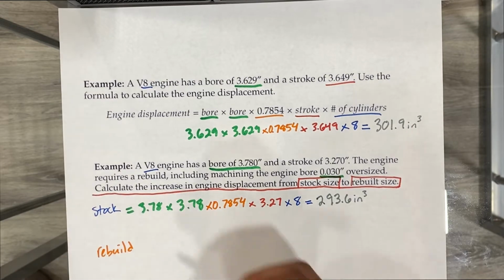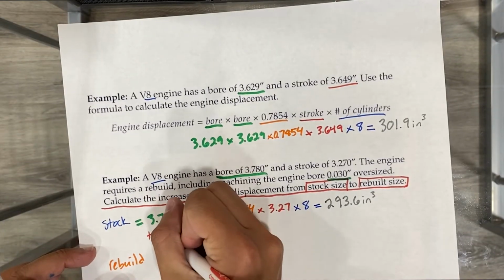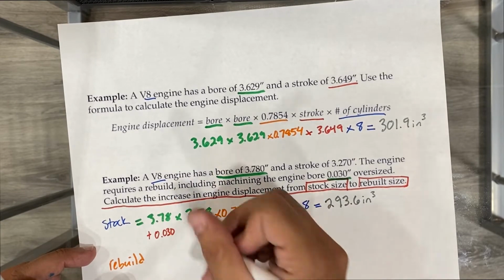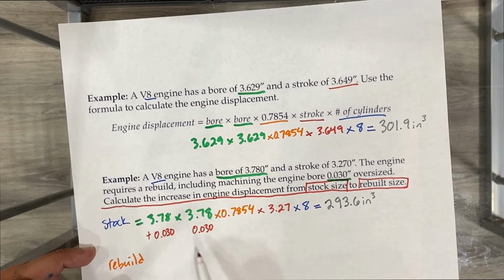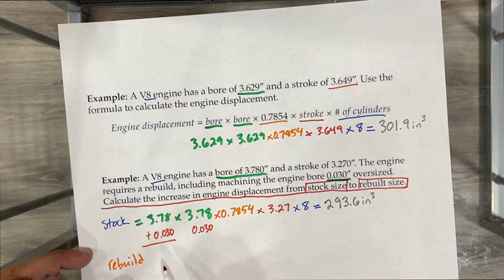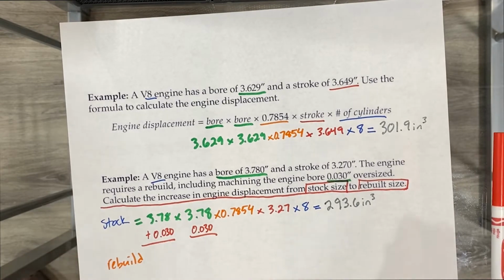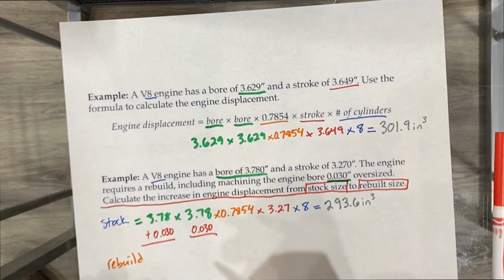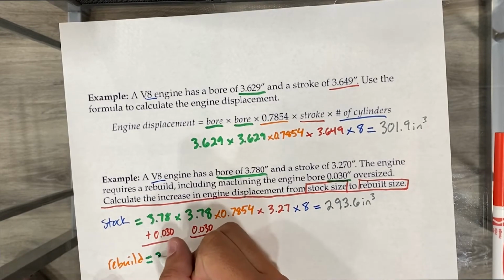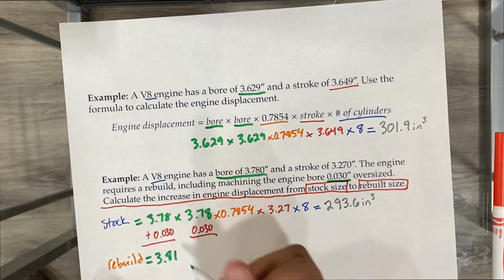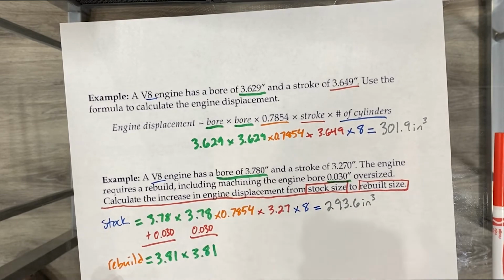And so what that means is we're just going to add 0.030 to both of our bore values and come up with a new bore value. So in this case, it is going to equal 3.81 times 3.81.